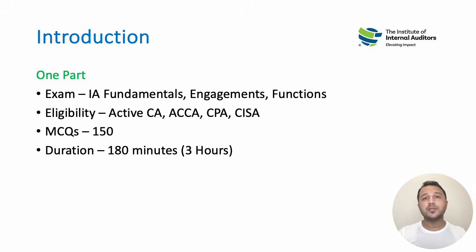This exam comprises 150 MCQs and the duration is 3 hours. Though it seems like we have more time, this exam covers the entire CIA syllabus, so all three parts, fundamentals, engagement, and function, are assessed together in this exam.